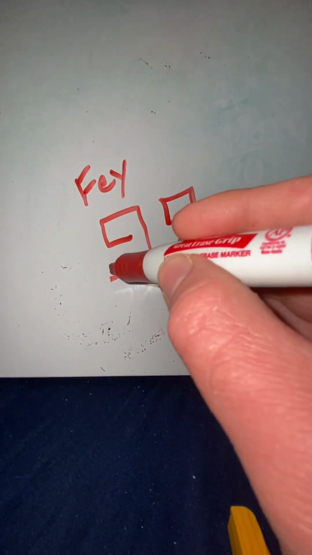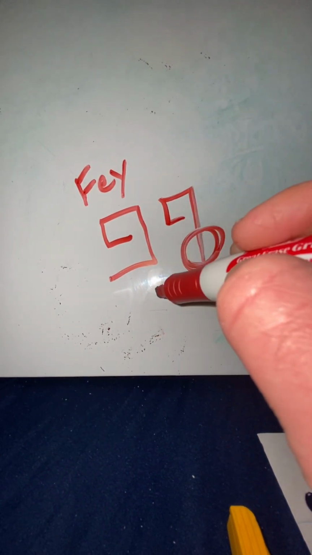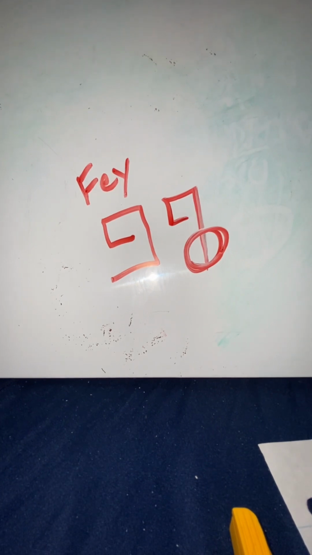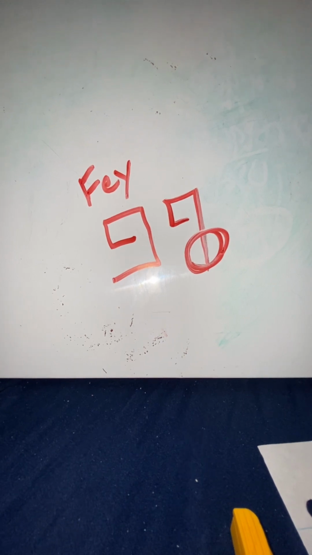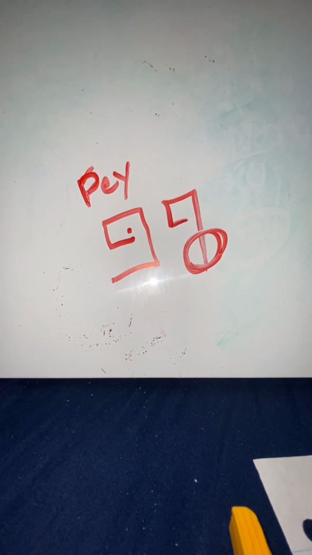All you're doing is making this horizontal line a vertical line. You also have Pay, which makes the P sound with a dot, just like the relationship between Bait and Vait, you also have Pay and Fe.